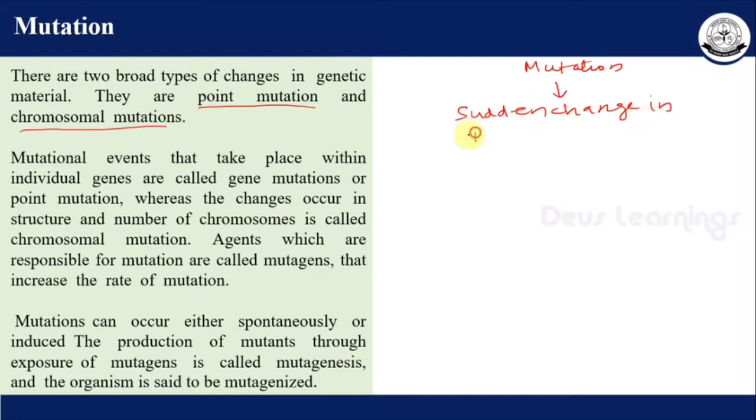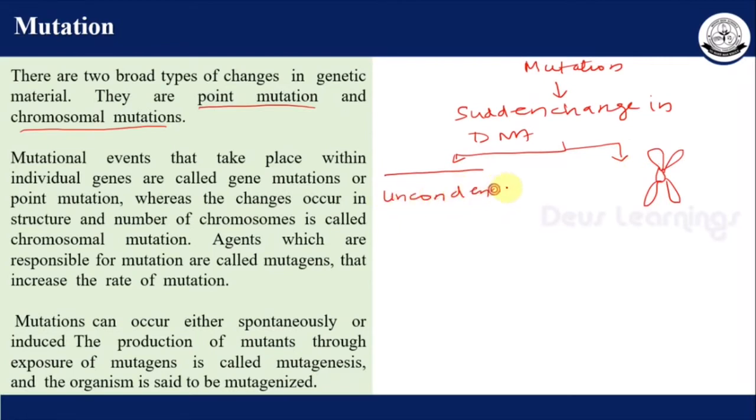You already know that DNA is a linear strand, and if you condense it, it becomes a chromosome. This is the uncondensed form, and this is the condensed form.